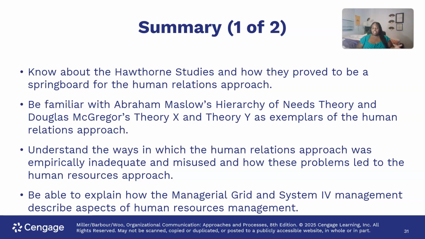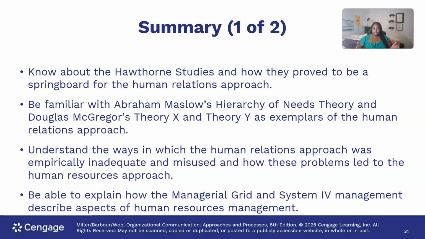We talked about how the human relations approach was inadequate and misused in some ways. Some people couldn't implement it very well, maybe implemented it superficially, or maybe transitioning from a Theory X to Theory Y manager was just too jarring.